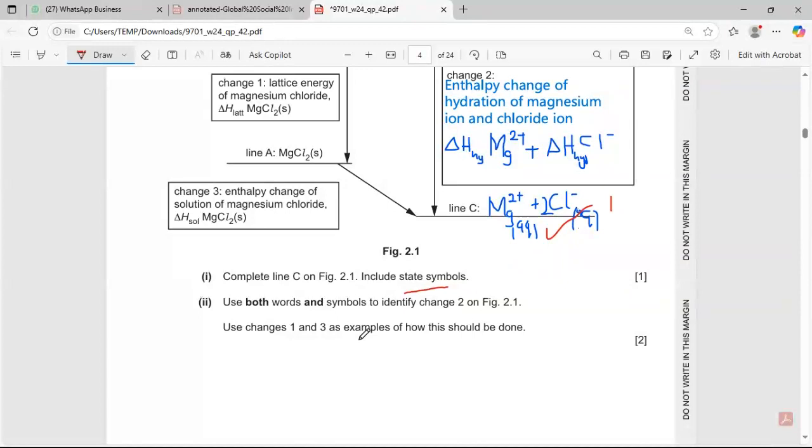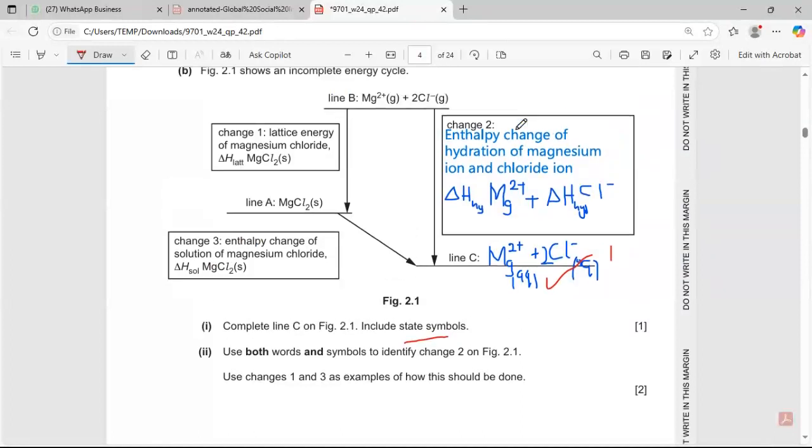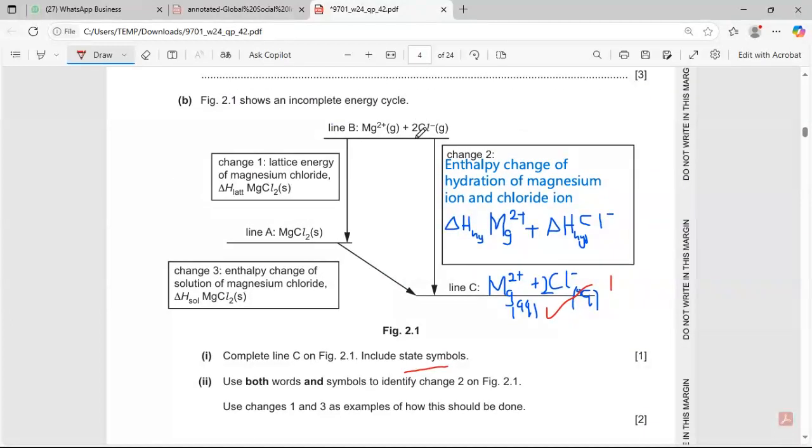Question number Roman 2 says use both words and symbols to identify change 2 on figure 2.1. Use changes 1 and 3 as examples of how this should be done. So what you just say is the enthalpy change of hydration of magnesium. Why did we say that?